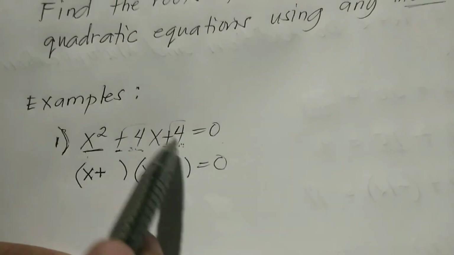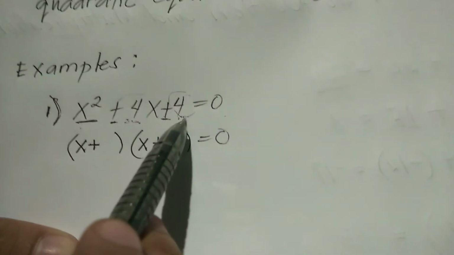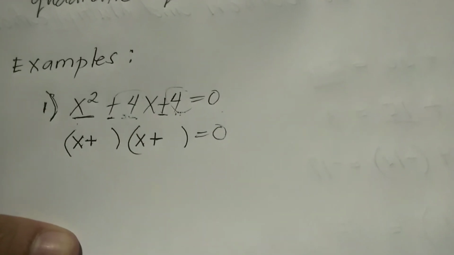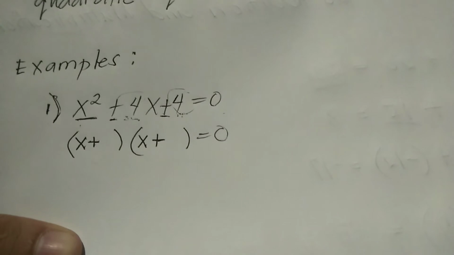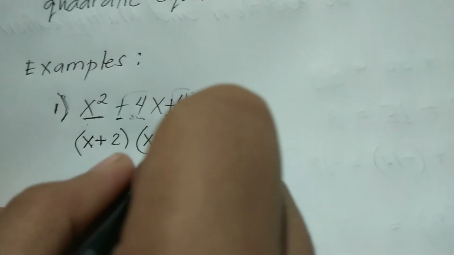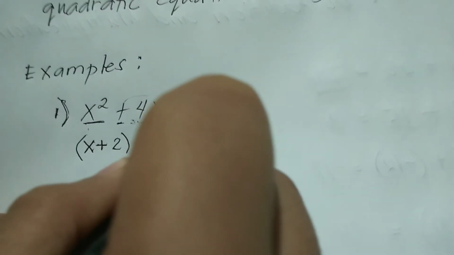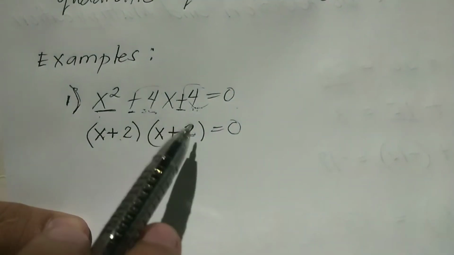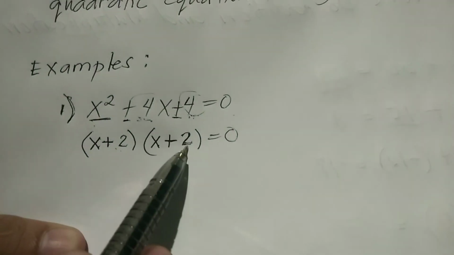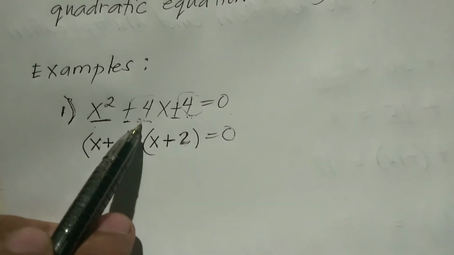Pag pinag-multiply naman, positive 4 pa din ang sagot. So, ano yung factors ng positive 4? 2 and 2. So, we have positive 2 and positive 2. So, 2 times 2 is positive 4. Then, 2 plus 2 is positive 4.